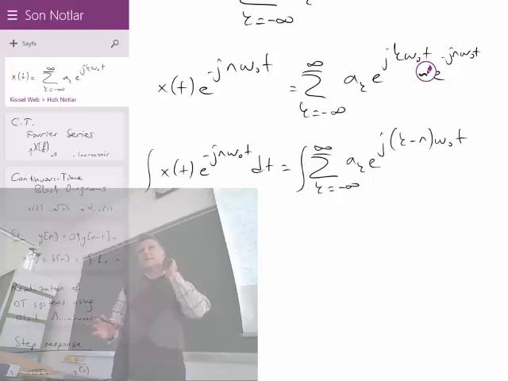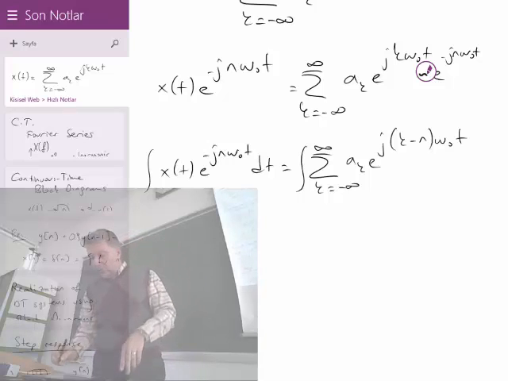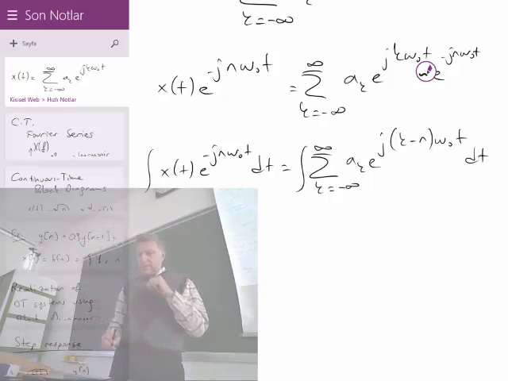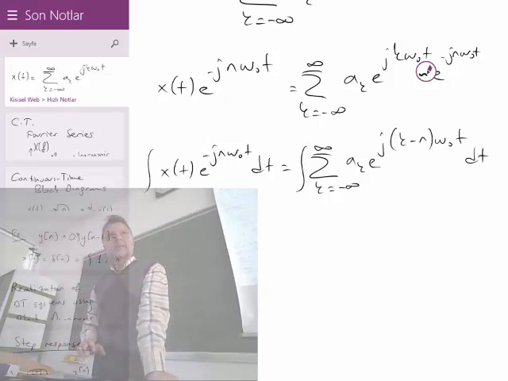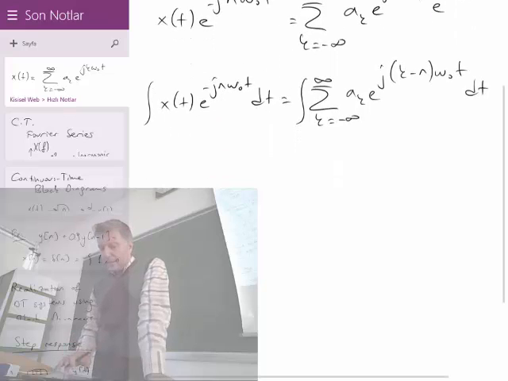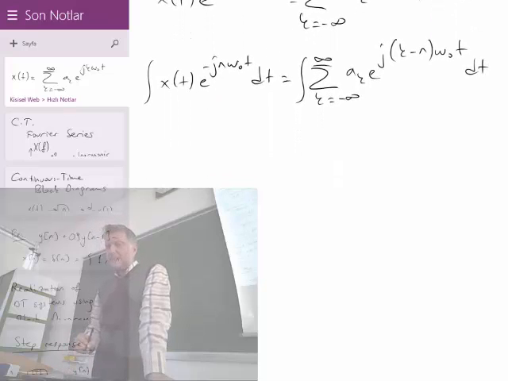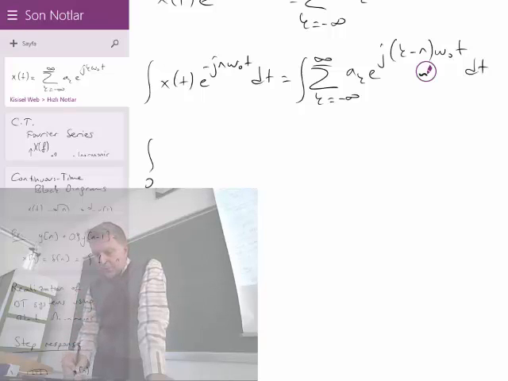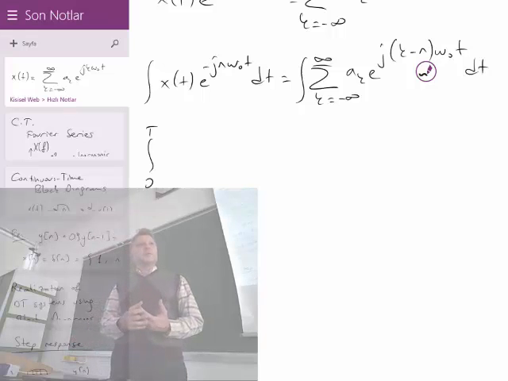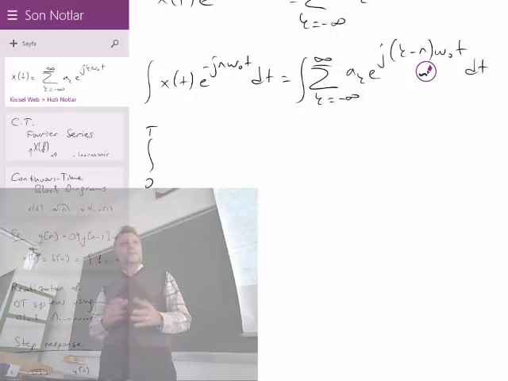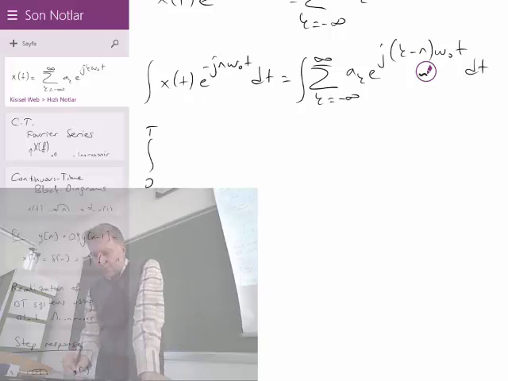I have combined these two multiplication terms into a single exponent, dt. Now what is critical in terms of this integral is the limits. And the limits must be chosen as the fundamental period of this exponential term. So it depends on omega 0. And the limits are from 0 to capital T, which is the period, or 2 pi over omega 0. That is one period of integration.